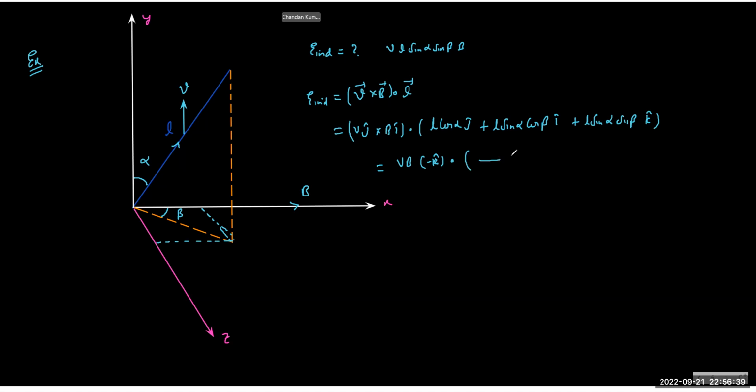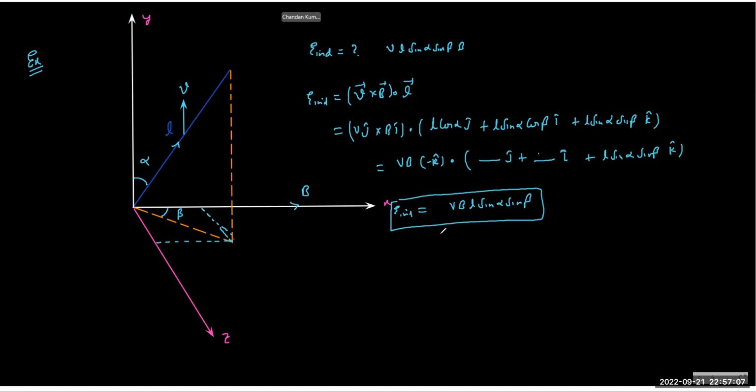Yes, sir. The rest will be zero. The answer is correct. It's V B L sin alpha sin beta. Correct. Very good.